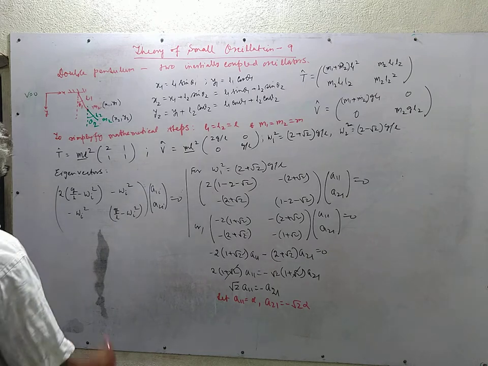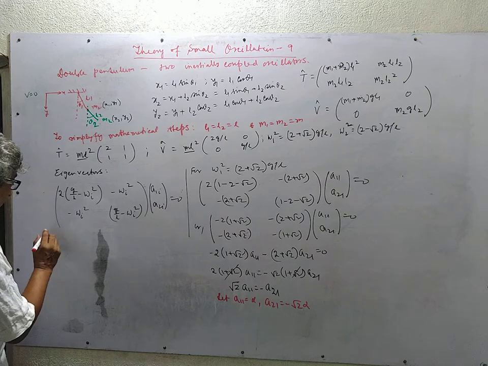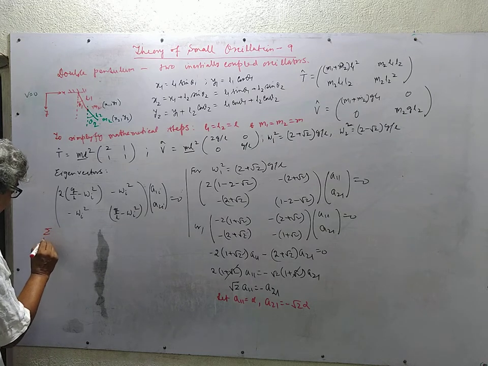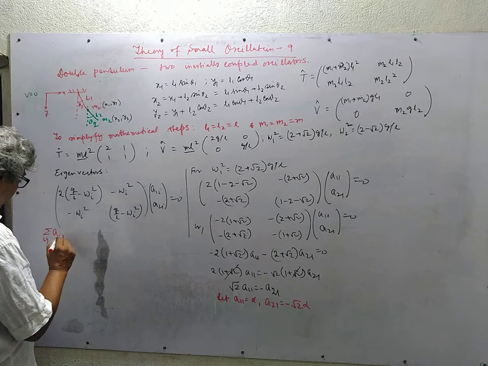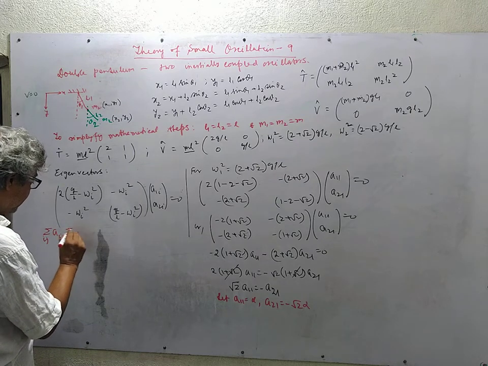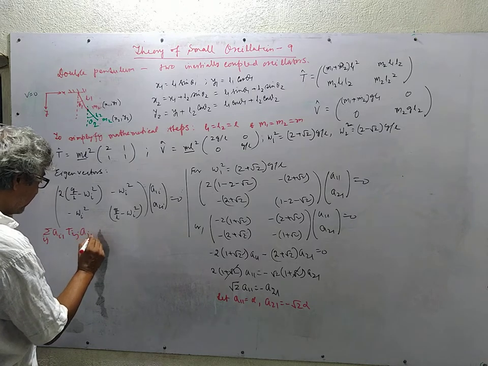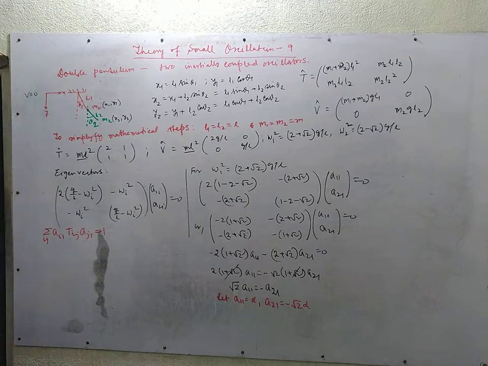The normalization constant condition for the T matrix is that the summation over ij of a_i1 a_j1 T_ij is equal to 1. Here i and j run from 1 and 2.